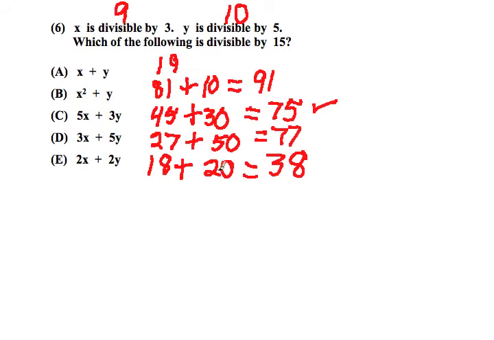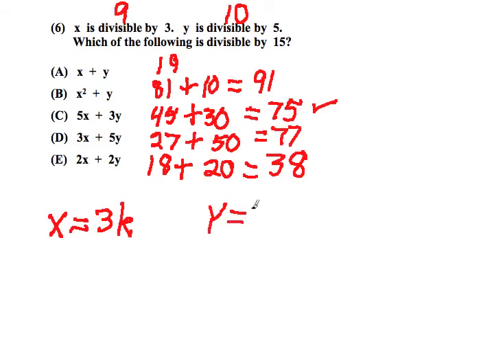And again, you're never going to see a problem quite like this, but the problems are going to be testing the basic concept. So what is the concept here? Divisibility. So x is divisible by 3. What does that mean? It means x has a factor of 3 in it, and some other integer, and y is divisible by 5.